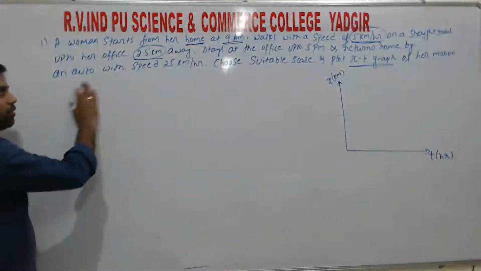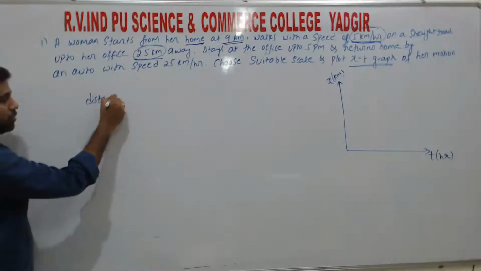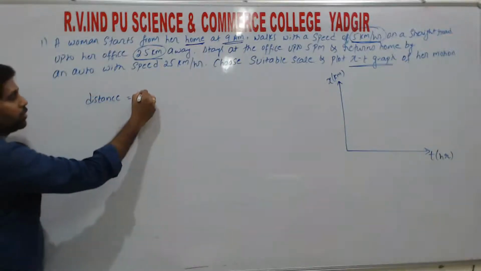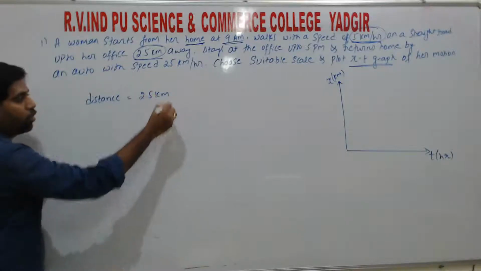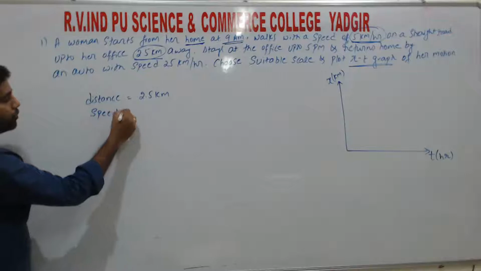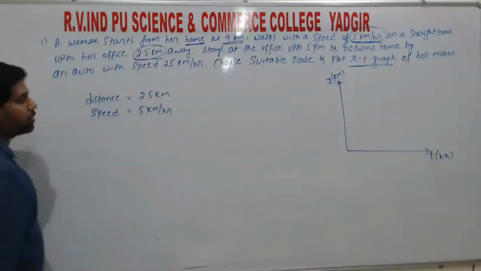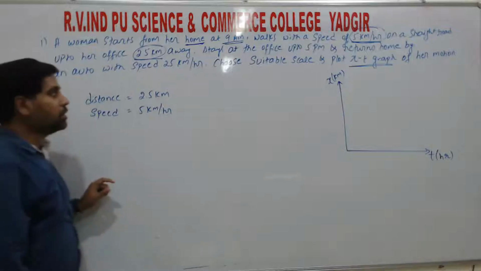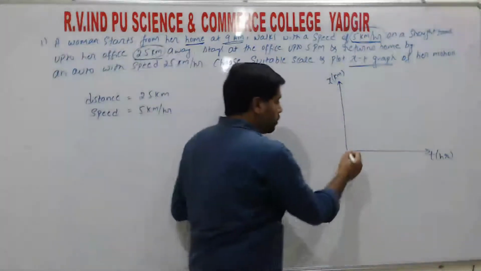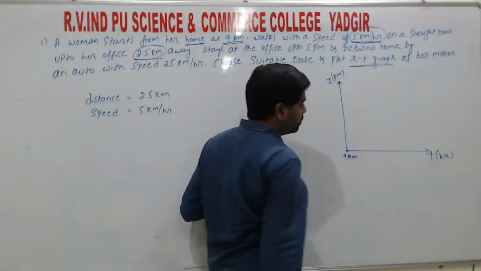The given distance or displacement is how much? 2.5 kilometers. She travels with a speed of 5 kilometers per hour. She leaves at 9 a.m., so I will start from here, 9 a.m. Right?